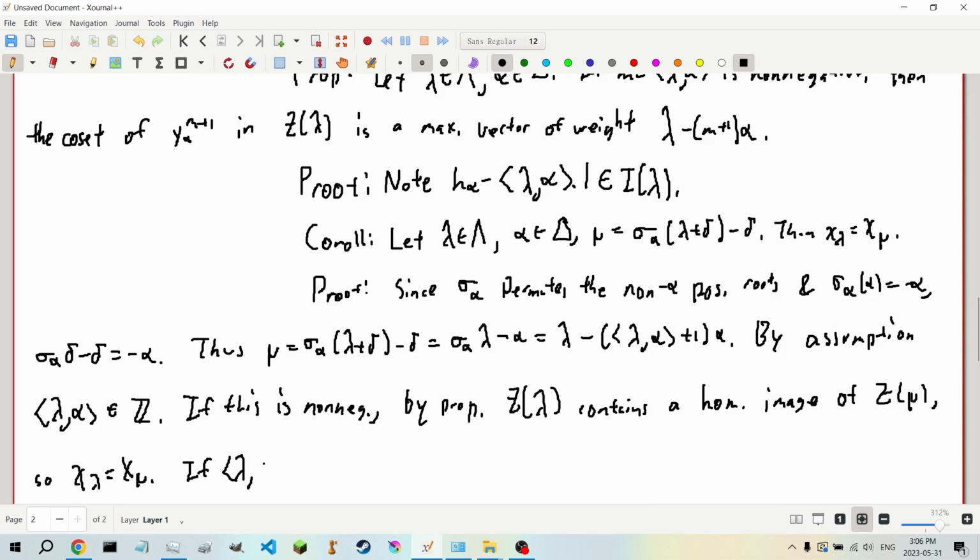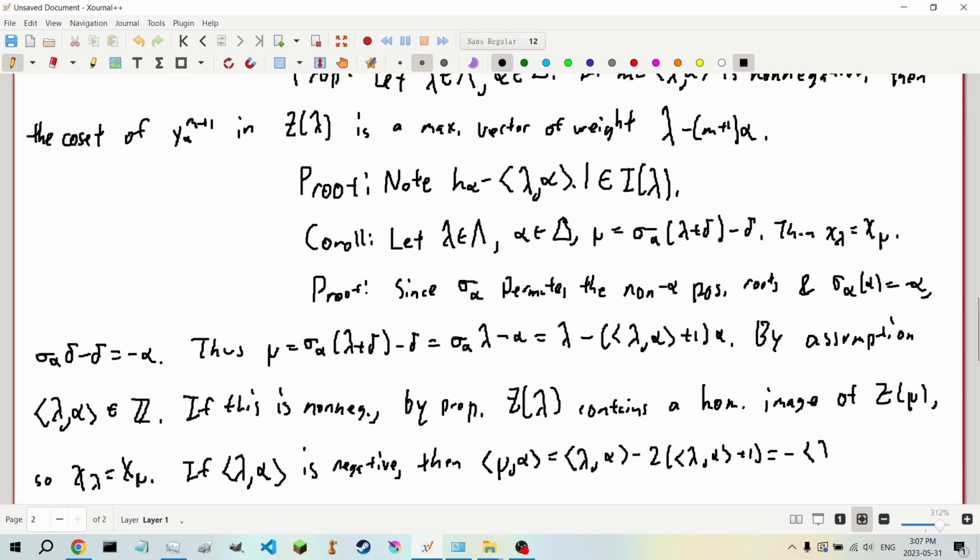If, on the other hand, the angle bracket of lambda and alpha is negative, then the angle bracket of mu and alpha is, keep in mind, the angle bracket of lambda and alpha minus 2 times lambda and alpha, plus 1, which is minus lambda and alpha.